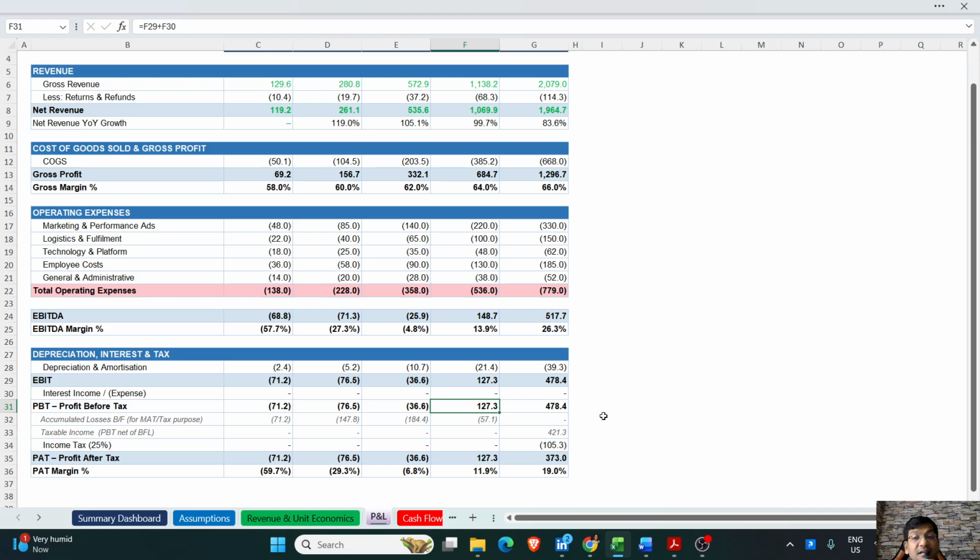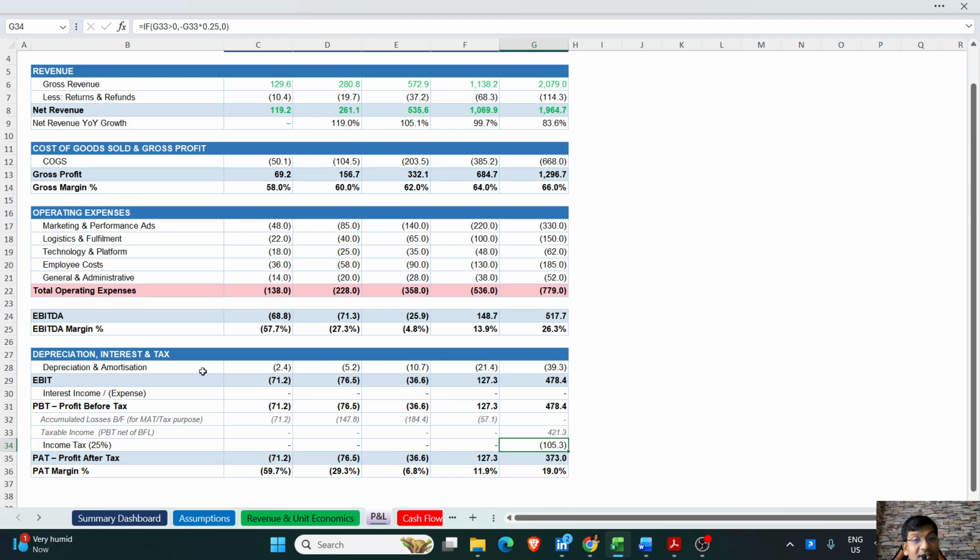And in the next year, when I have 478.4 as my profit, my taxable income becomes, after this set off, 421.3, and therefore I have to pay 25% tax on that.